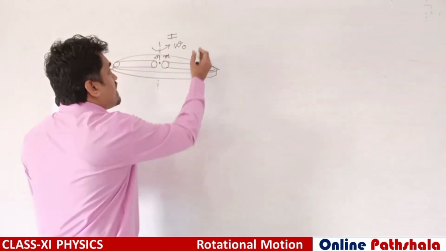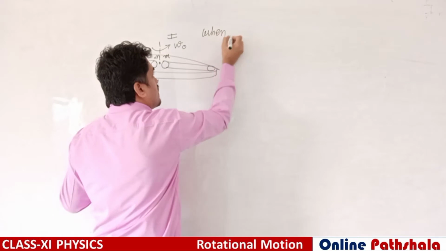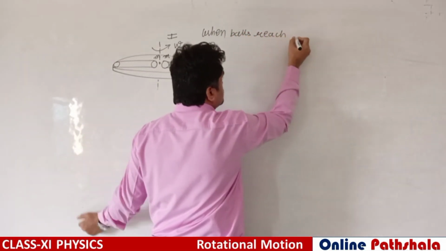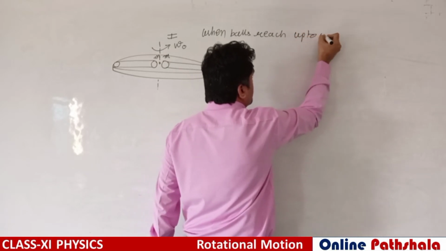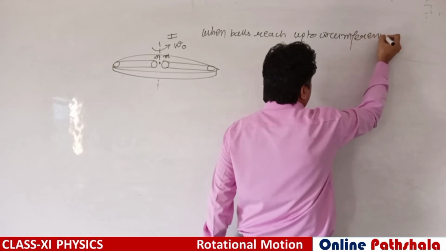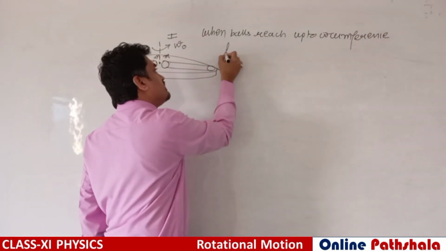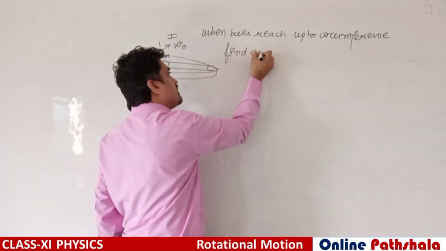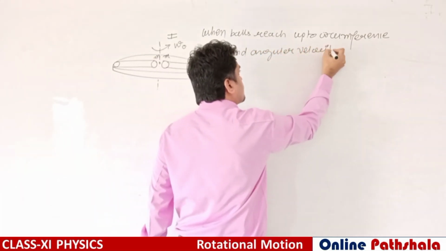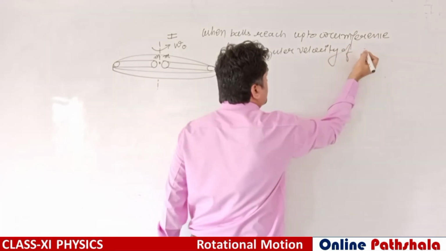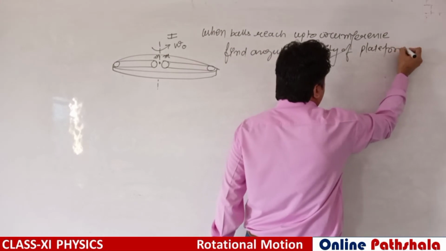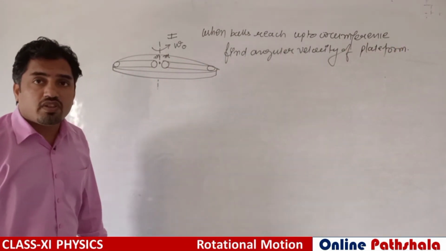So, when the balls reach the circumference, find the angular velocity of the circular platform.